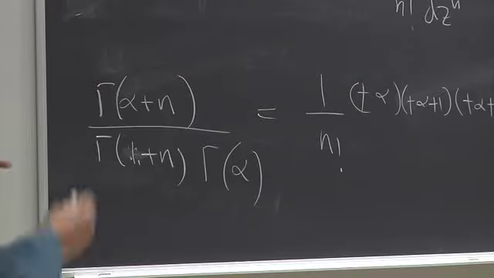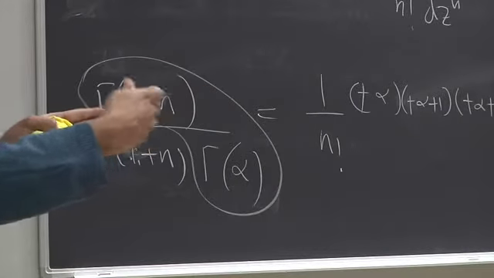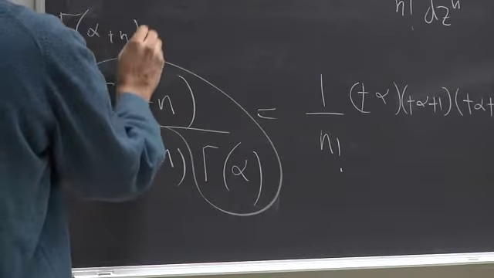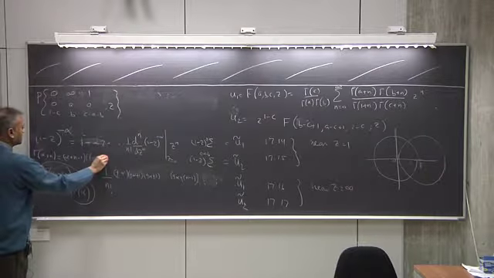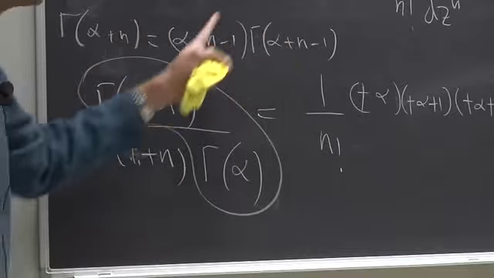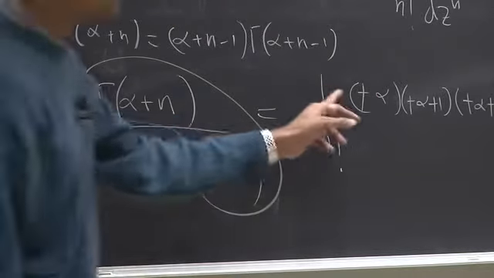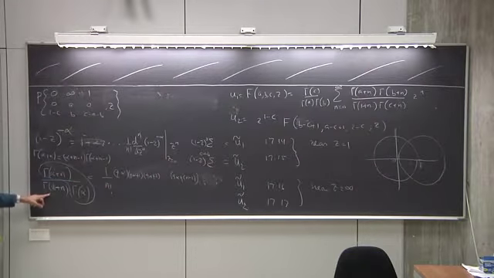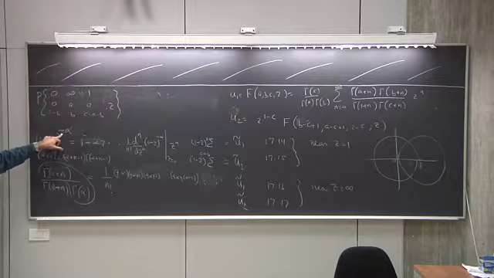Yes, because gamma of alpha plus n divided by gamma alpha, by using the recursion relation gamma of alpha plus n equal to alpha plus n minus 1 times gamma of alpha plus n minus 1, and so on, you keep doing it again and again, and finally this ratio will be exactly the numerator. And factorial n is simply gamma n plus 1. So these are the coefficients if you expand 1 minus Z to the minus alpha.